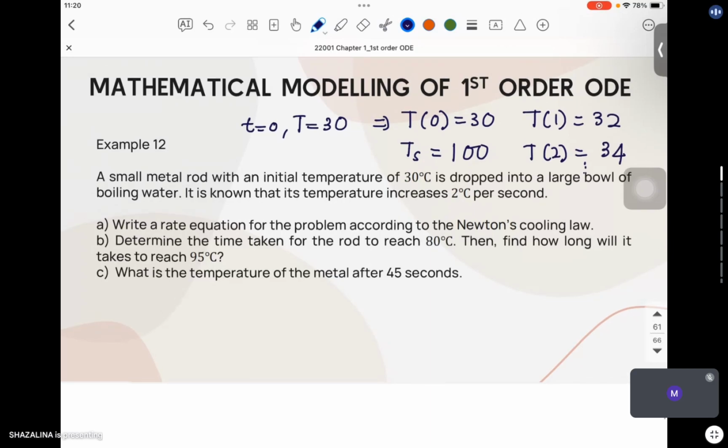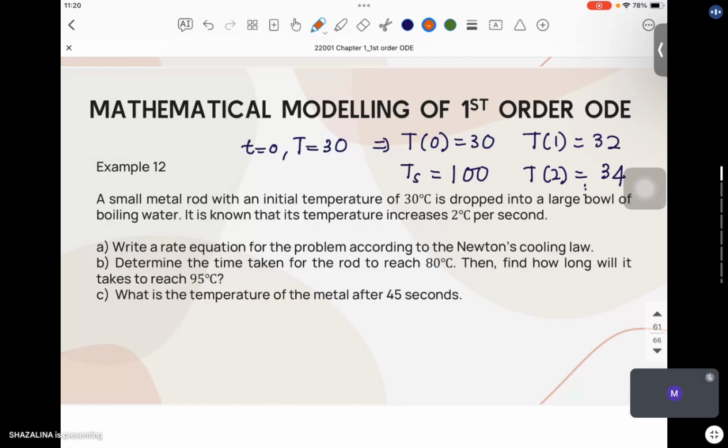Since just now we have two constants to be calculated, A and k, two constants for two conditions, so we just consider only two conditions, our T0 and also T1.